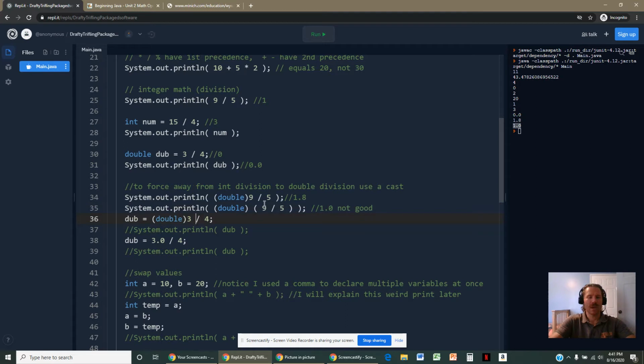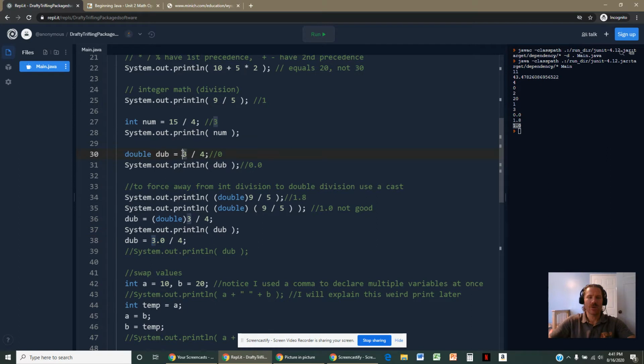You can also cast within a variable value, so it doesn't have to be a print statement. And we can also cast in a more old-fashioned way, just make it a double, say 3.0. The integer division only occurs when it sees two integers on the division bar.